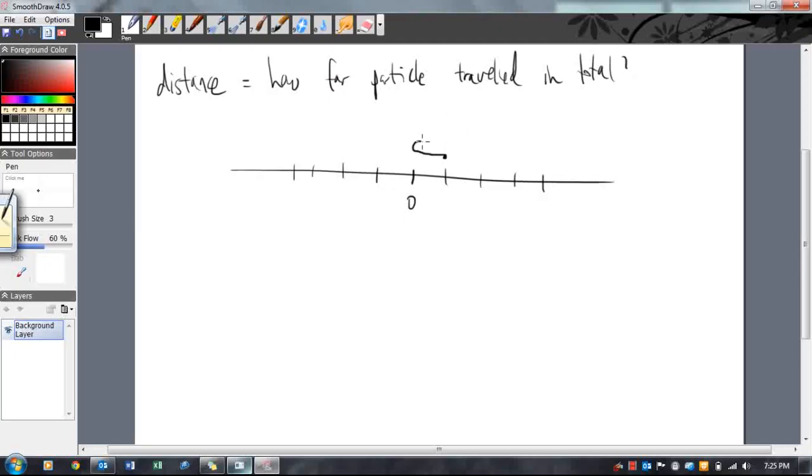If it starts here, goes that direction and then there and finishes here, the distance is how far has it travelled in total. So it's travelled 1 here, 1, 2, 3 to here, 4, 5, 6, 7. It's travelled 7 units. So, if you were a little ant or something and you're following this path, how far have you travelled? 1, 2, 3, 4, 5, 6, 7 units. And so that's the difference between those. It's really important to understand the difference between those.